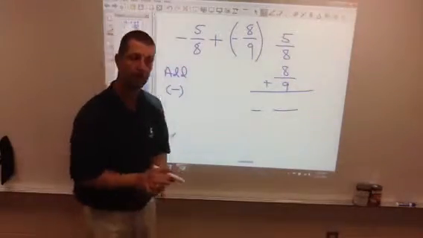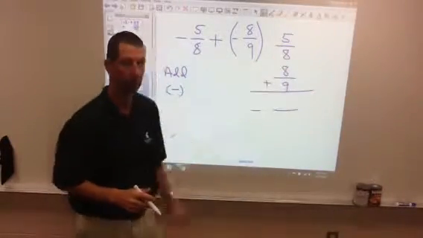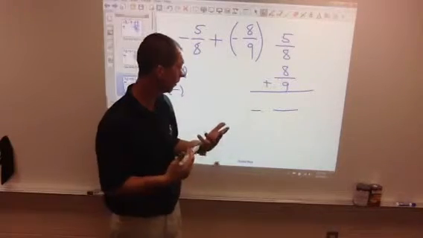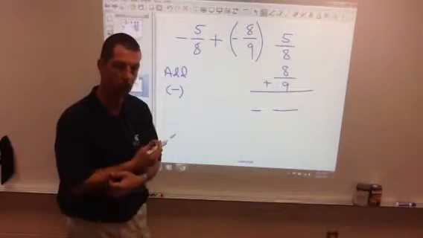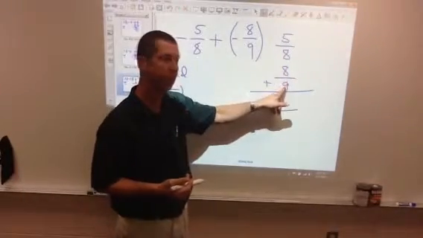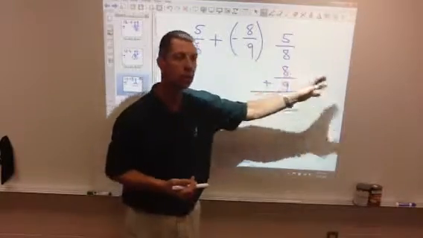All right, common denominator. Now, when your denominators are only one number apart, to find the quick common denominator, just multiply the two together. Because if we count by 9, 8 doesn't go into 9. Count by 9, we get 18, 8 doesn't go into 18, and so on and so forth.